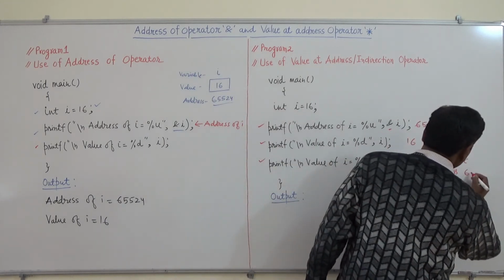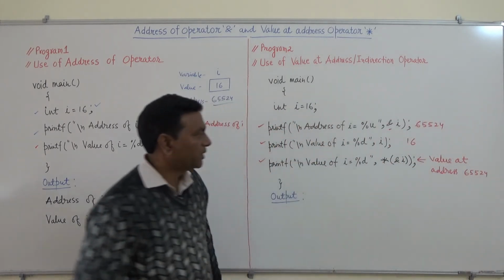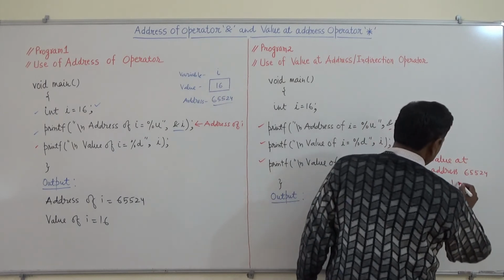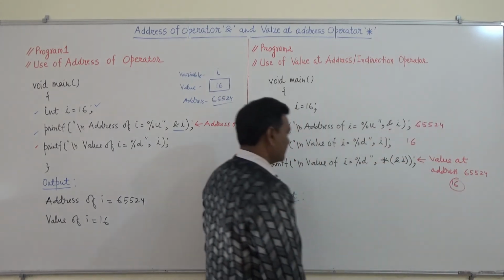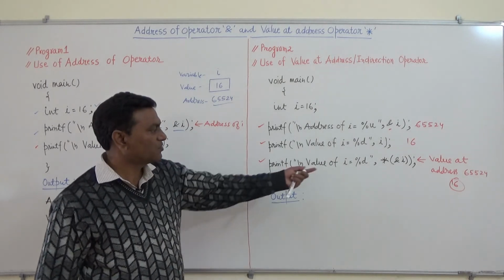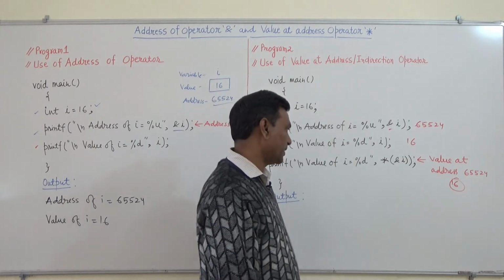The value at this particular address is 16. So it will print 16. This is the use of the value at address operator.